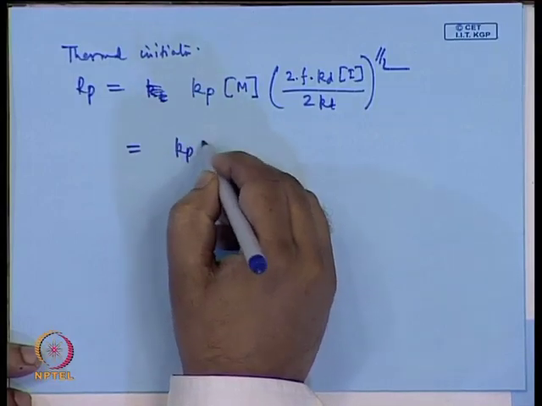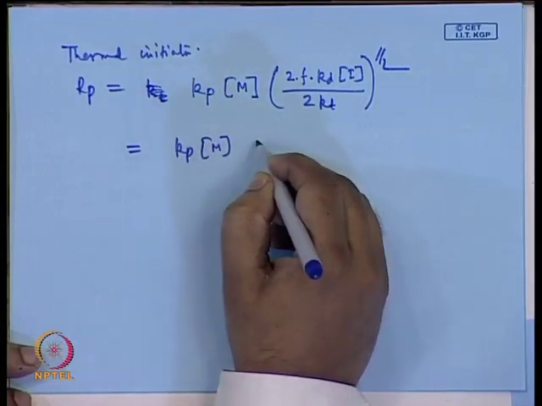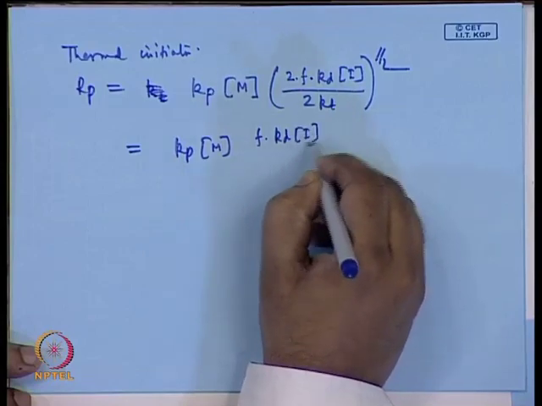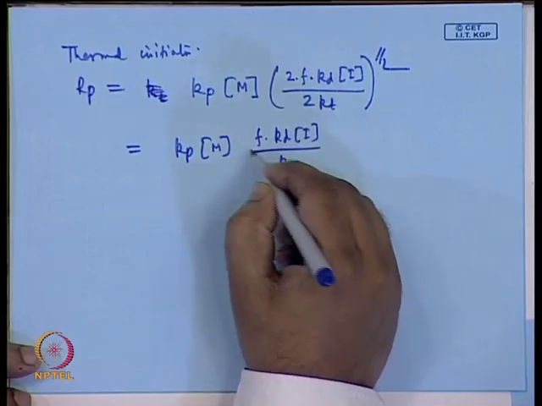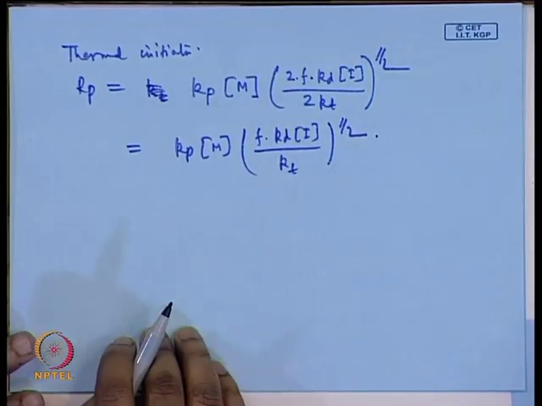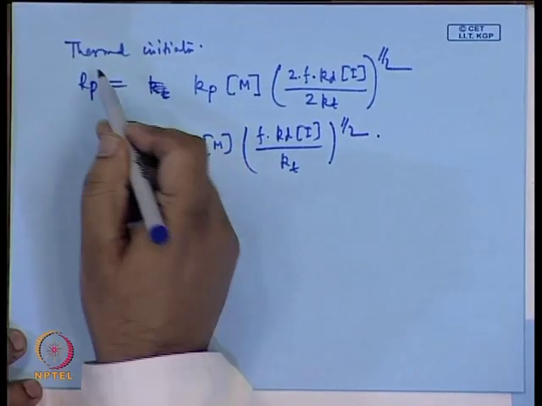So, Rp is Kp m F Kd I over Kt to the power half. Okay. Now, this is for thermal initiator.